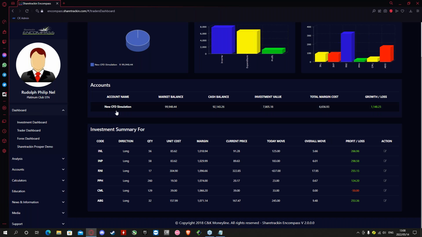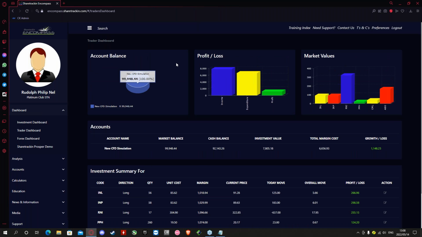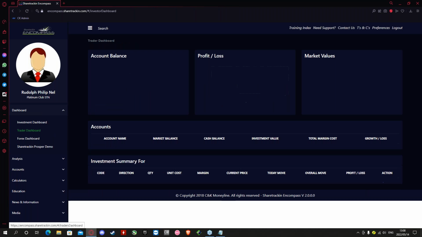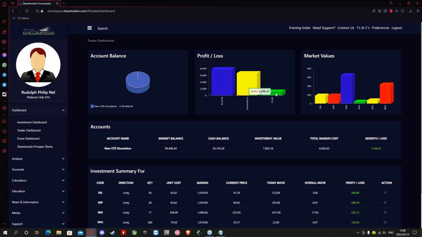It would give you more or less the same layout with your account balance, the money that you've got left in the account, your profits and your losses, so your income, your expenditure. In this case, we'll see that our income is more than our expenditure, so we've made a profit. If it was a loss, it will say loss and make this red. It would go below. For instance, on this page here, you'll see that it's a loss. If I go into my trader dashboard, here we made a profit.